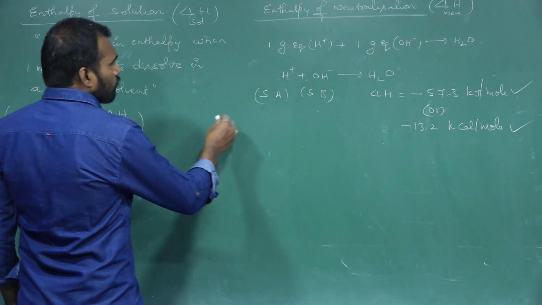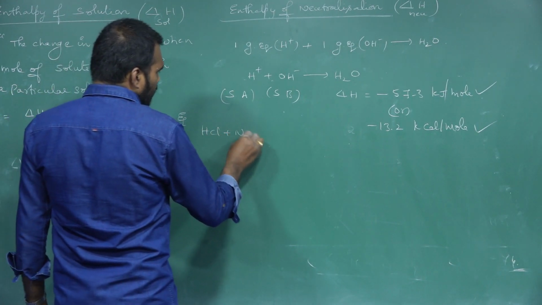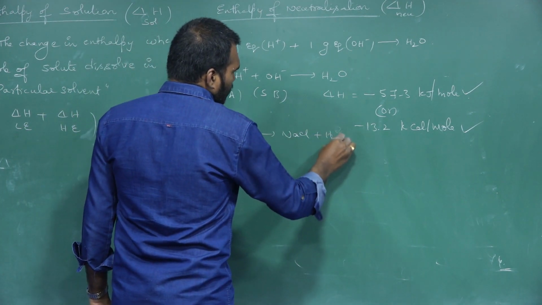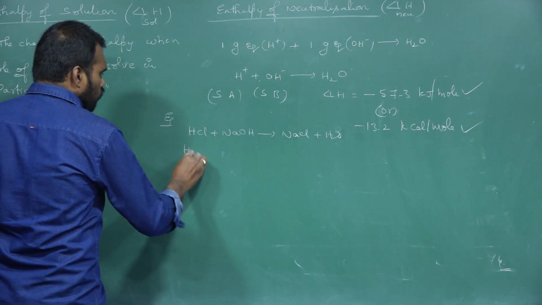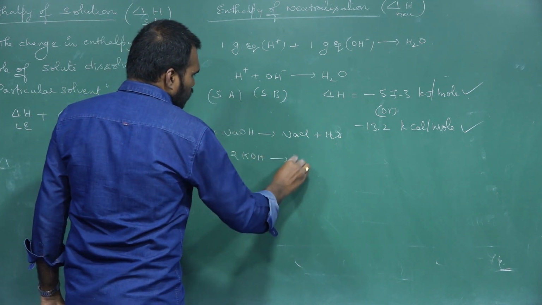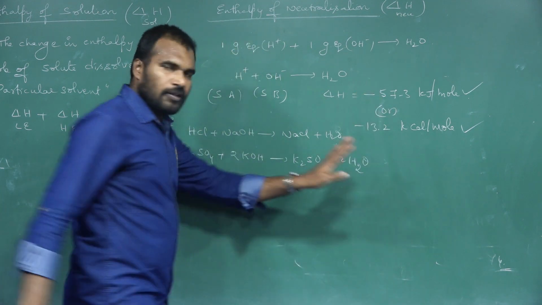Next, move on. Here some examples I am taking. HCl plus NaOH gives rise to NaCl plus water. I am not writing the value, its value is always fixed. And H2SO4 and 2KOH gives rise to K2SO4 plus 2H2O. Here the value is also fixed.